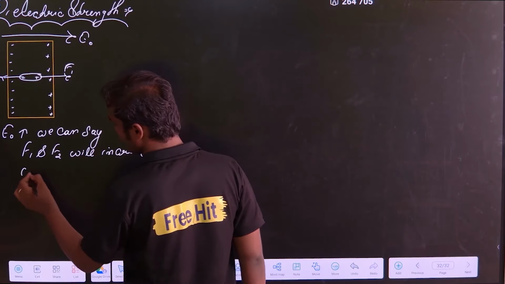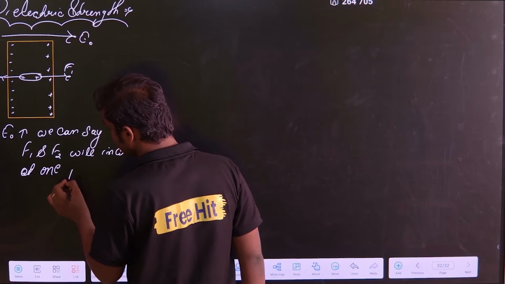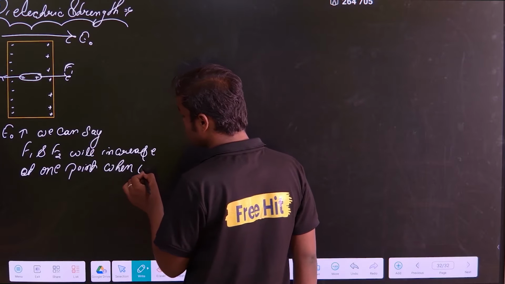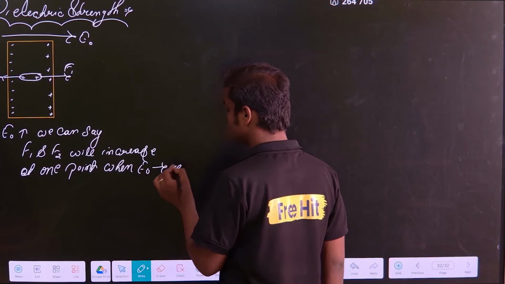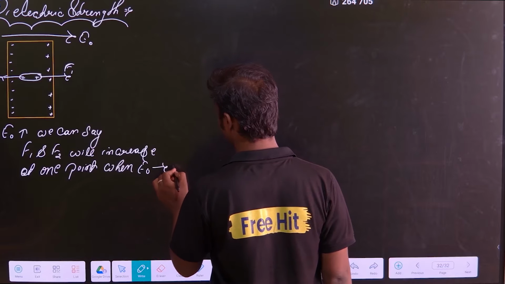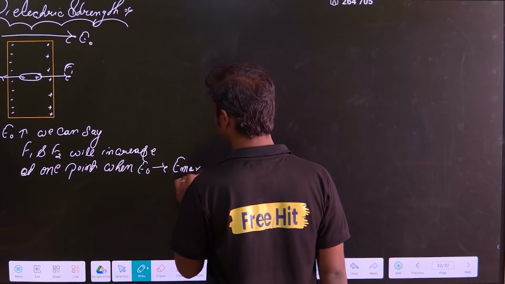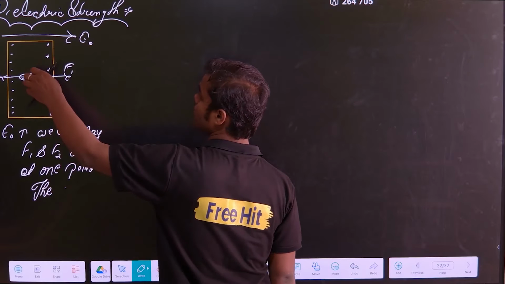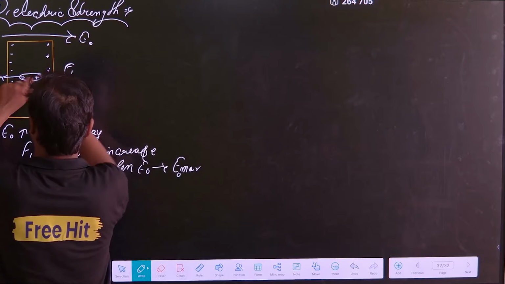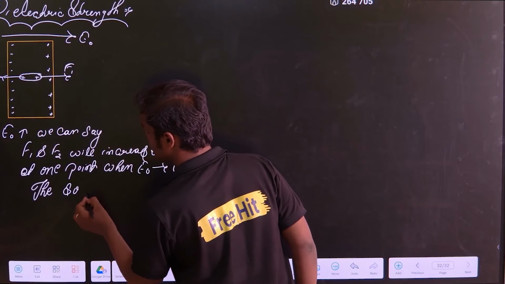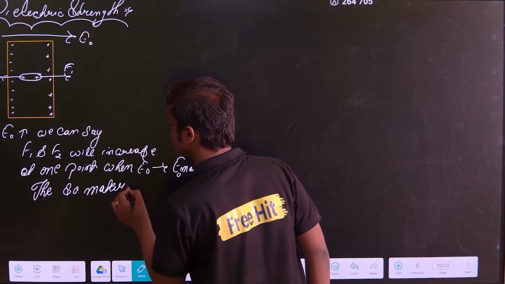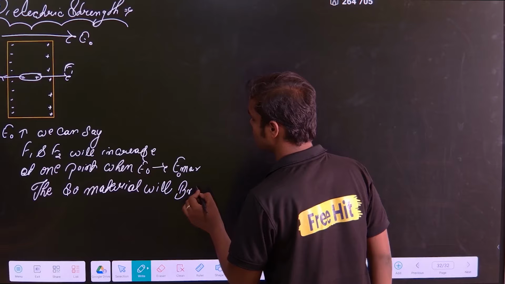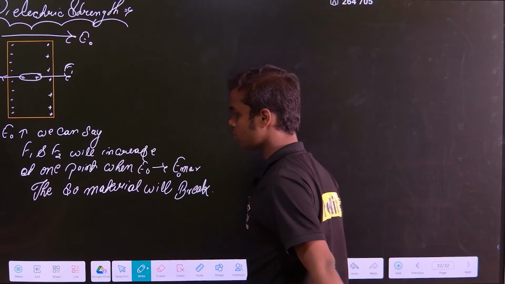At one point, when E naught reaches E max, E naught max, the material breaks, or this dipole is going to break. So the material will break.